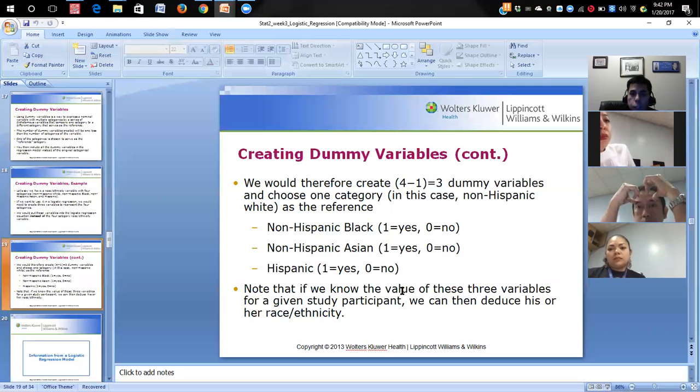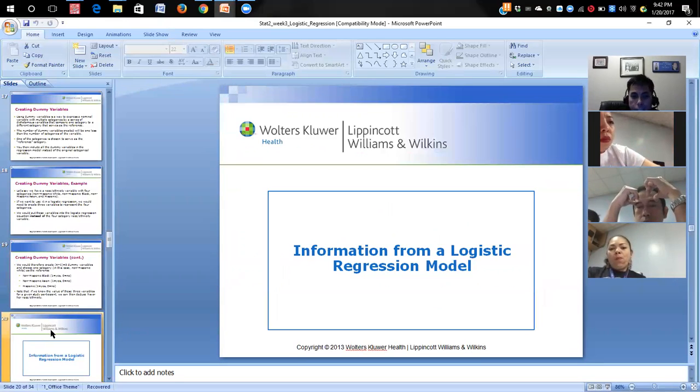And now that we know that there are only 3 variables for a given study participant, we can then deduce the race and ethnicity, and we can now have a reference value.